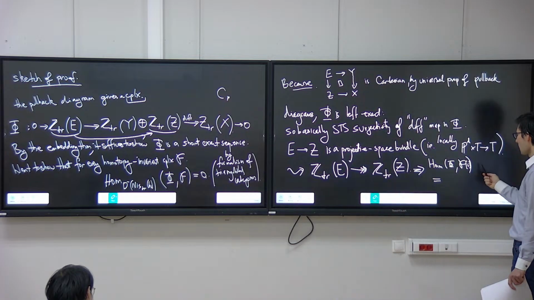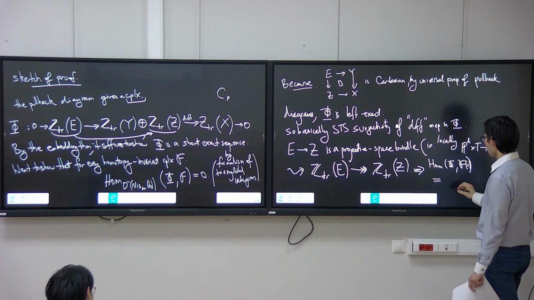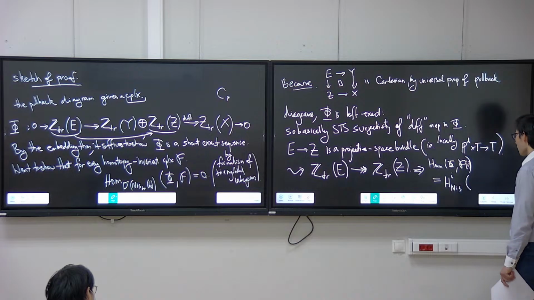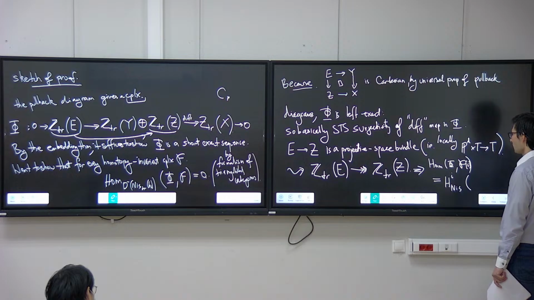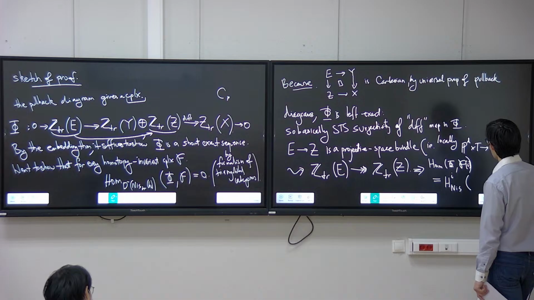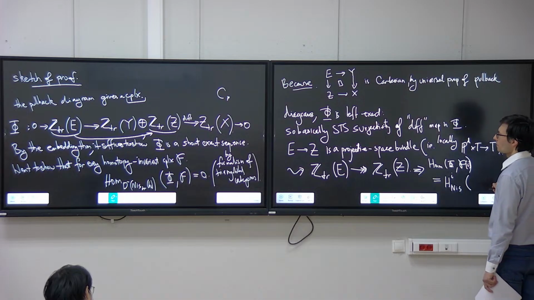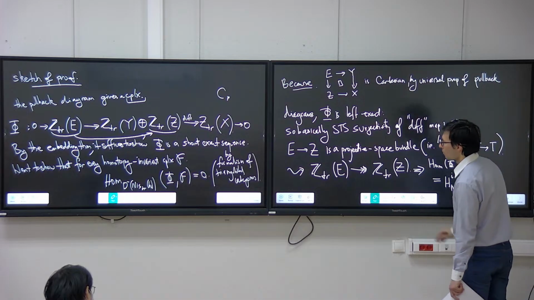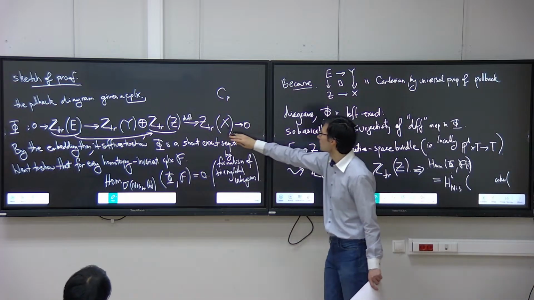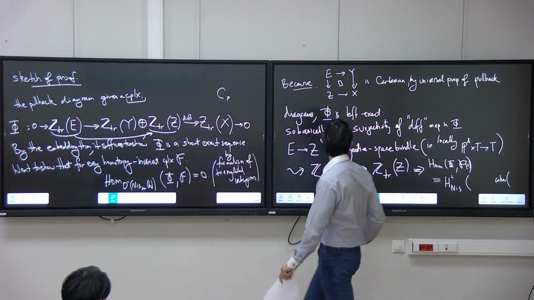So let's just take a sheaf in degree I. Then this basically becomes the ith Nisnevich cohomology of maybe the co-kernel of this sheaf ZTRX over ZTRY.